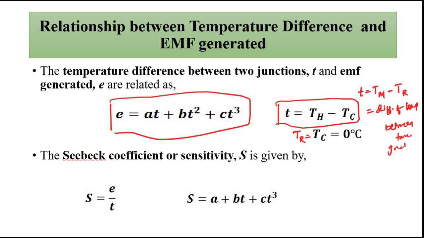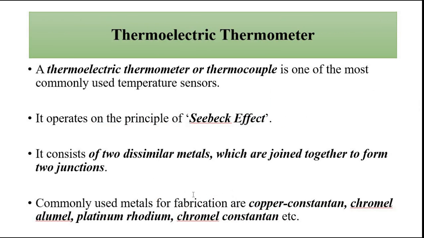Different combinations of metallic wires are used: copper constantan, chromel alumel, platinum rhodium, chromel constantan. These are popular choices because of their simplicity in designing them and how easily we can reproduce the output. There are a lot of complicated things which are not required from the thermodynamics discussion point of view.